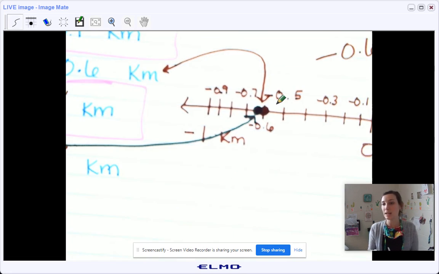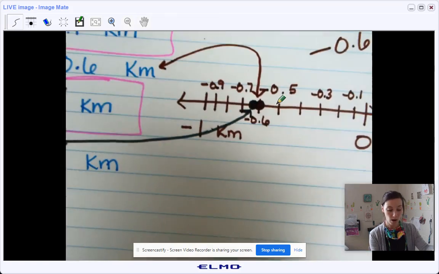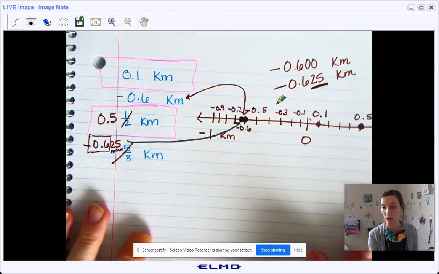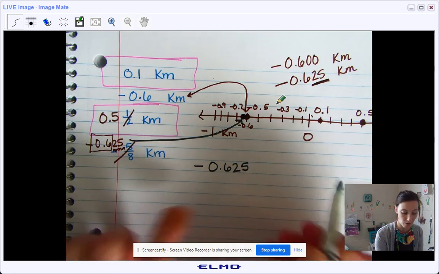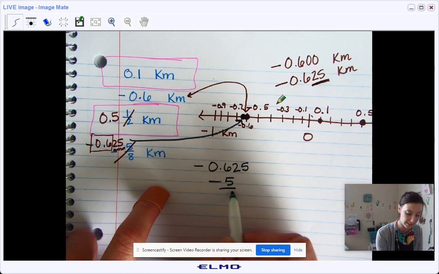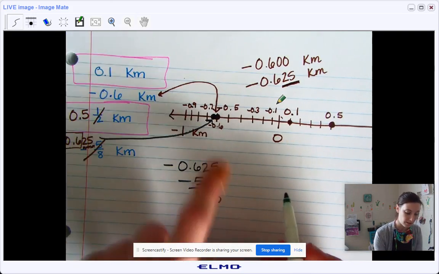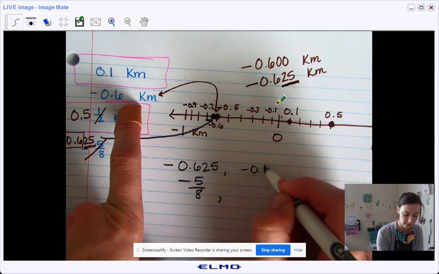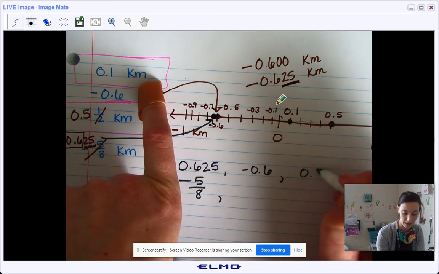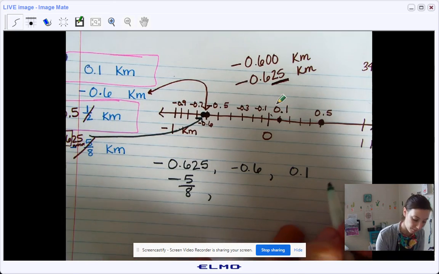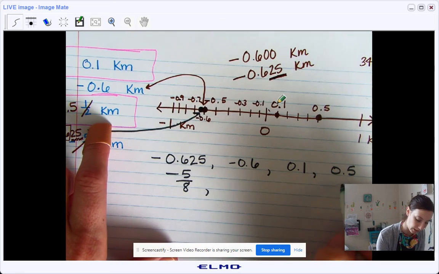So now when it comes time to rank order these, they're close, but one of them is the furthest below sea level. So negative 0.625, also known as negative 5/8 kilometers, is the lowest. Then negative 6/10, then 1/10 kilometer above sea level, and finally 5/10 kilometers above sea level, which was originally written as 1/2.